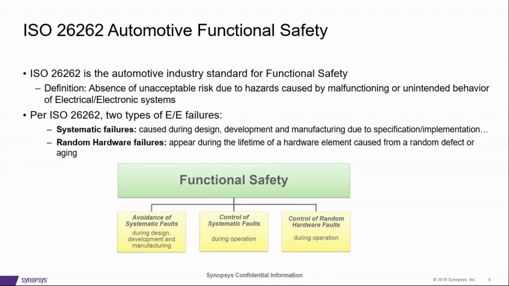Broadly speaking, systematic failures are caused during the design, during the development, perhaps during the manufacturing. That's because something has gone wrong in terms of either the specification or the way we've implemented that specification. Then you've got the random hardware failures, which will appear during the lifetime of the hardware element, caused by some kind of a random defect or perhaps just through aging.